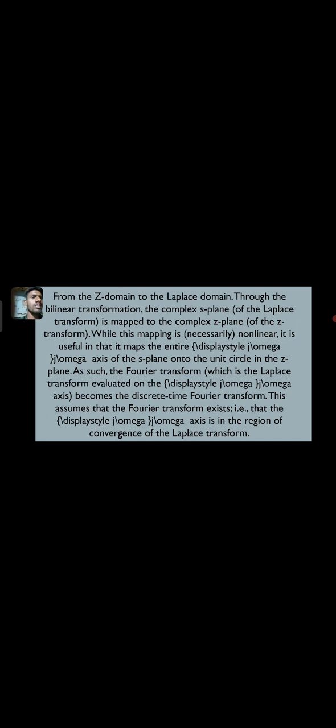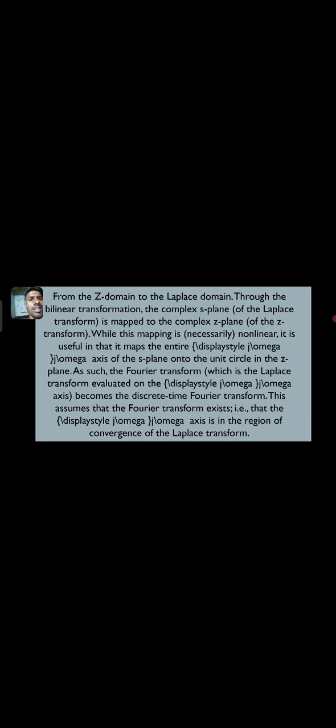The complex s-plane of the Laplace transform is mapped to the complex z-plane of the z transform. While this mapping is necessarily nonlinear, it is useful in that it maps the entire jω axis of the s-plane onto the unit circle in the z-plane.